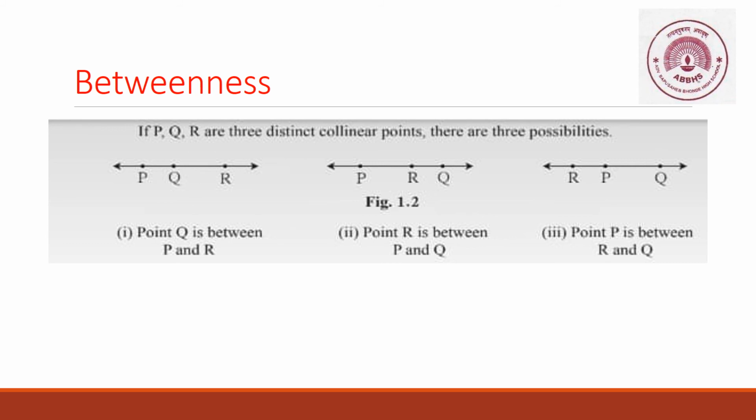First one, point Q is between P and R. So here, 3 collinear points P, Q and R, and Q lies between P and R. That means we can say Q is between P and R. If you find the distances, that is, distance between points P and Q, distance between points Q and R, distance between points P and R, then you can observe d(PQ) plus d(QR) is equal to d(PR).